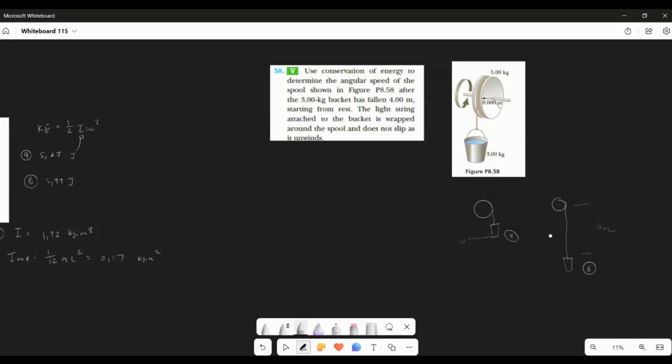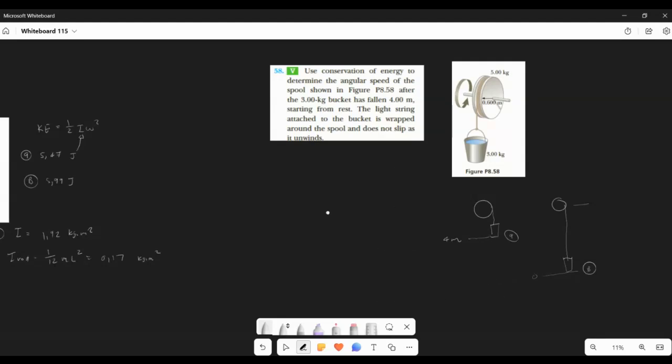Obviously, it has potential energy when it's higher. Or alternatively, let's do it in reverse. Let's assume it's 0 over here at the bottom, and then the top is going to be 4 meters. I hope you all understand what I did here. So you can work it either way, depending on where your reference is. So I'm assuming we have 4 meters on top, and eventually drop down to 0 at the bottom.